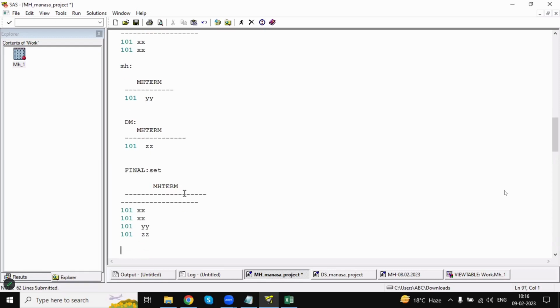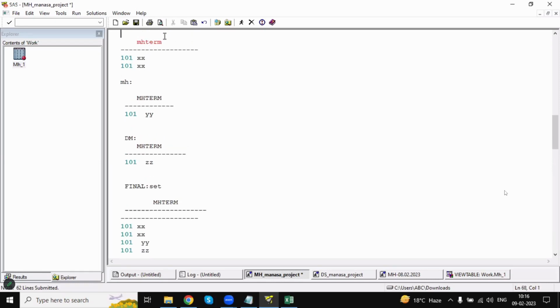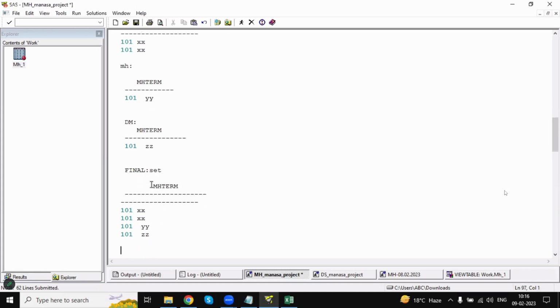Whenever you merge, it is a horizontal way of merging: term 1, term 2, term 3 side by side. If you need that, then we can merge. When you want them one by one, we have to use the set option. That's the reason we have to set.